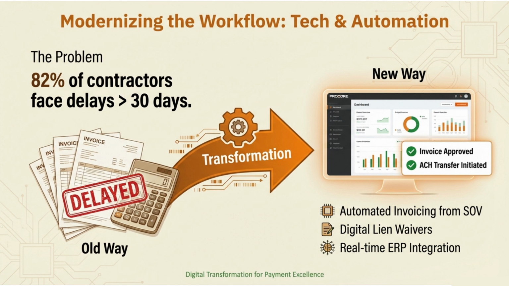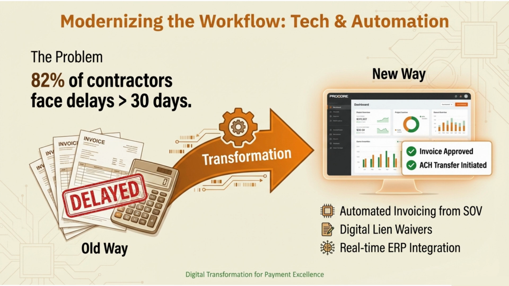New technologies. Automated invoicing from SOV. The schedule of values automatically generates invoices. No more manual entry. Digital lien waivers. Sign electronically. Track automatically. No more chasing paper. Real-time ERP integration.